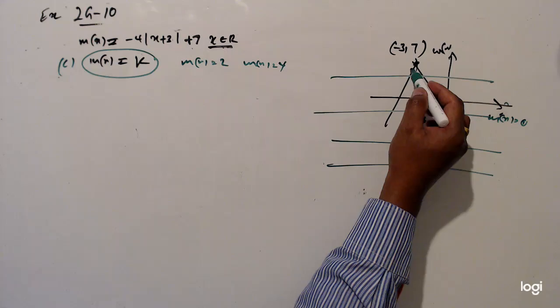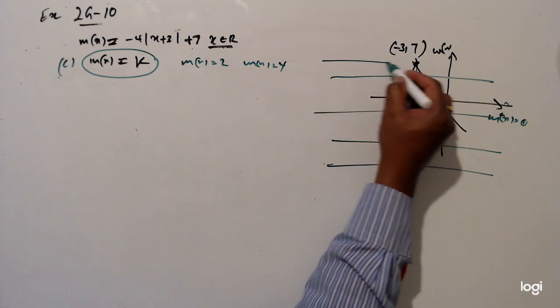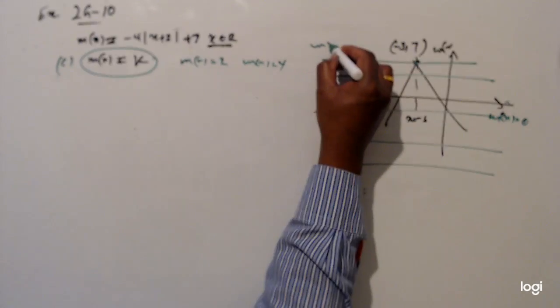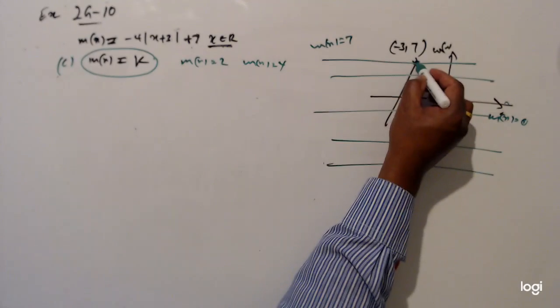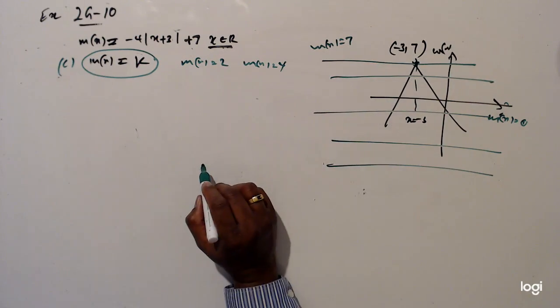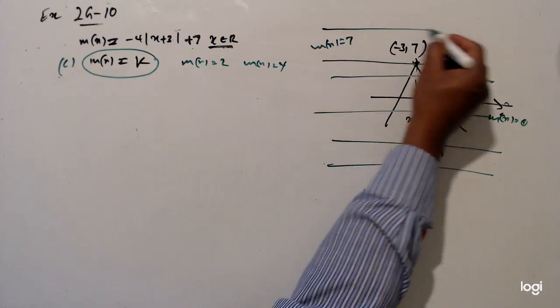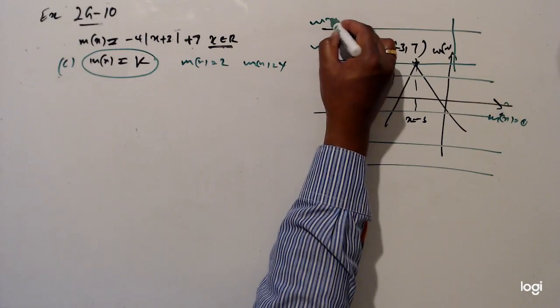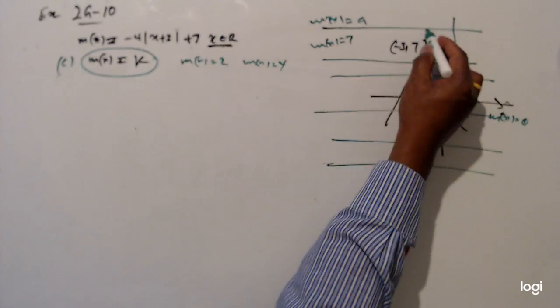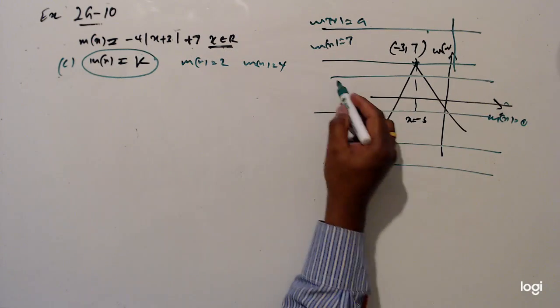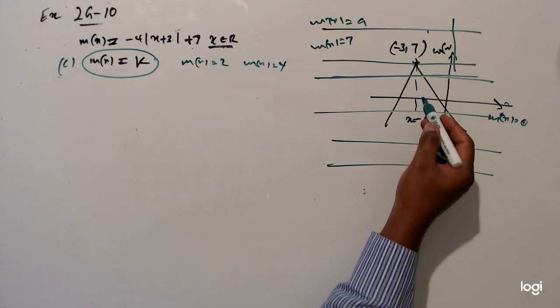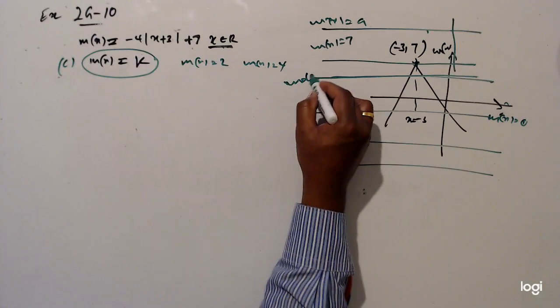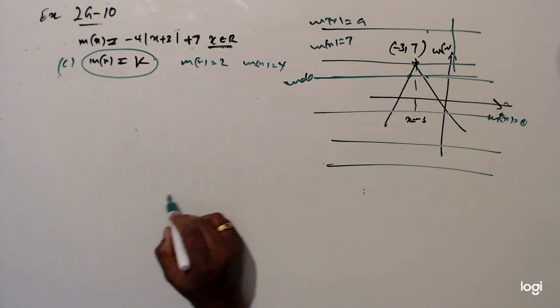What will happen if m(x) equals 7? It goes to here, so you have only one root. What will happen if m(x) equals 8 or 9? No solution. What will happen if m(x) equals 6? There are two solutions.